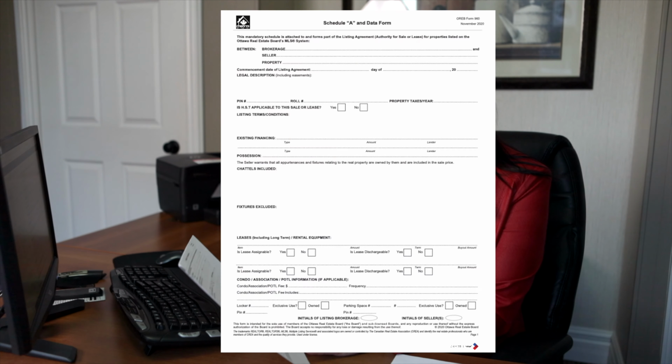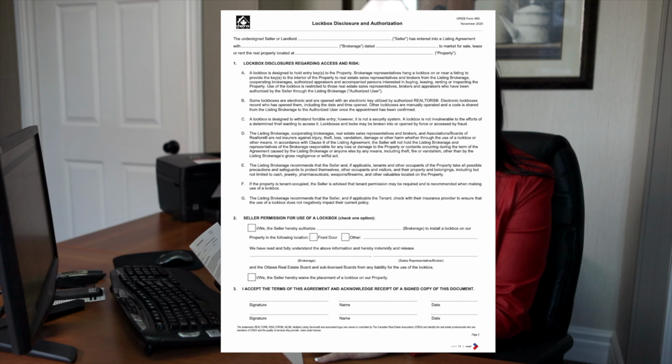We have to know first that these are leased items and not owned items, and whether or not that lease is assignable, and also whether or not it's dischargeable, the amount that it's costing per month, the term, and the buyout amount. If it's a condo, we also talk about the condo fees in this form. In our area, we don't have a lot of condos, just a few, so most of us won't be using that area of the form.